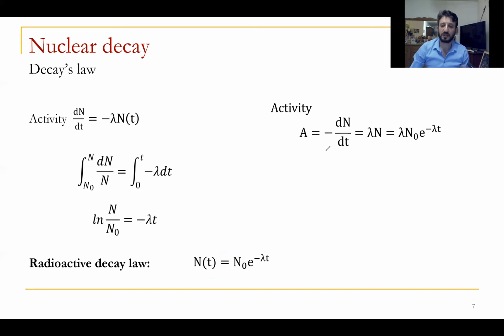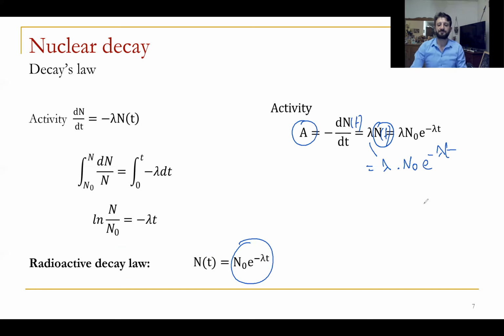Okay, we calculated before the activity. We can find a new expression of activity. We substitute the value of N(t), so we get lambda times N(t) equals lambda N0 exponential minus lambda t.